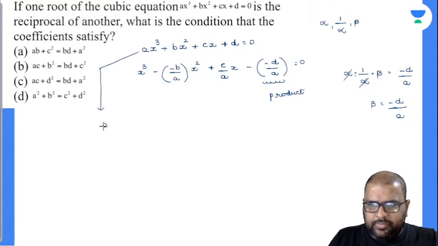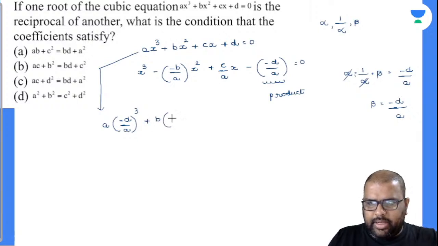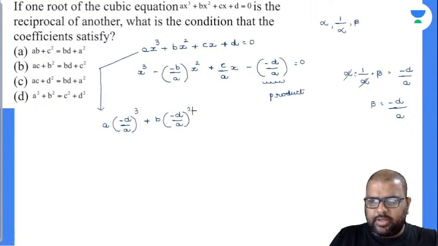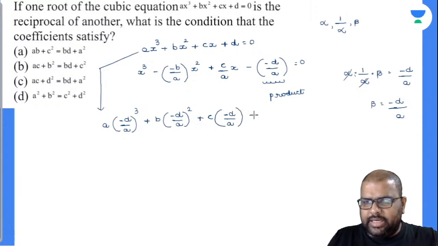A into minus d by a whole cube plus b into minus d by a whole square plus c into minus d by a plus d is equal to 0.